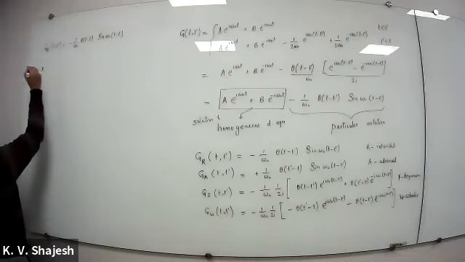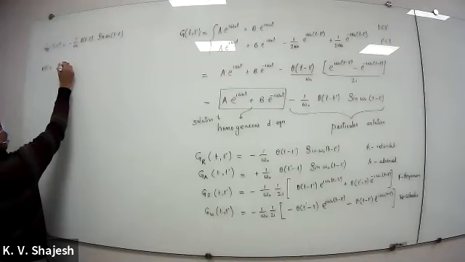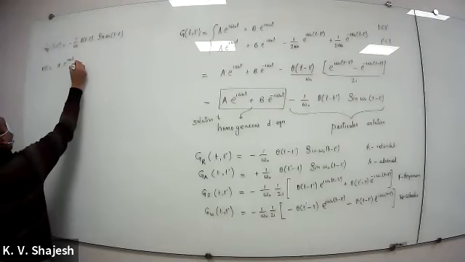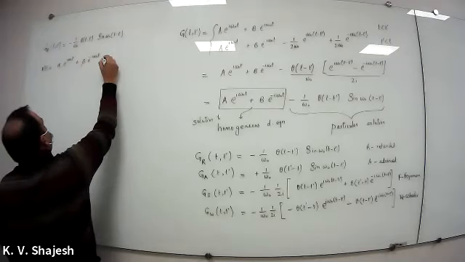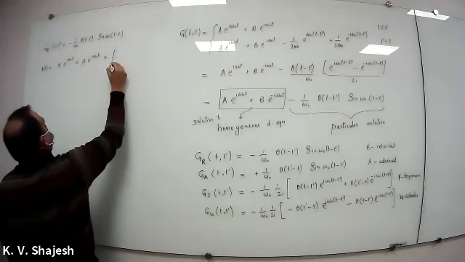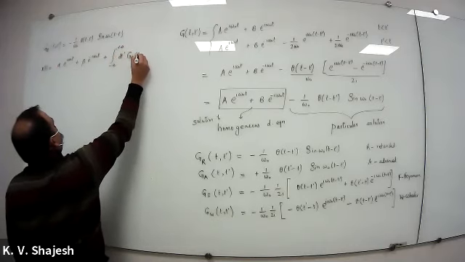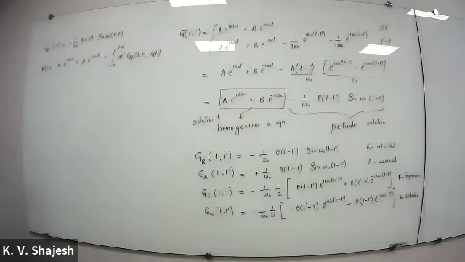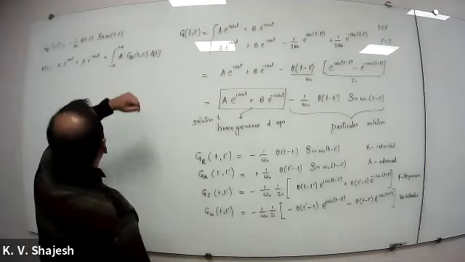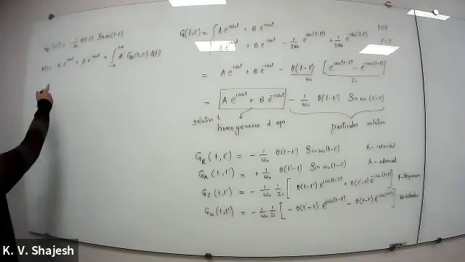And then our solution itself is alpha times e raised to i omega naught t plus beta times e raised to minus i omega naught t plus the integral from minus infinity to plus infinity dt prime of G of r, t comma t prime times your a of t prime, where you have to substitute this in there. We'll come to that.